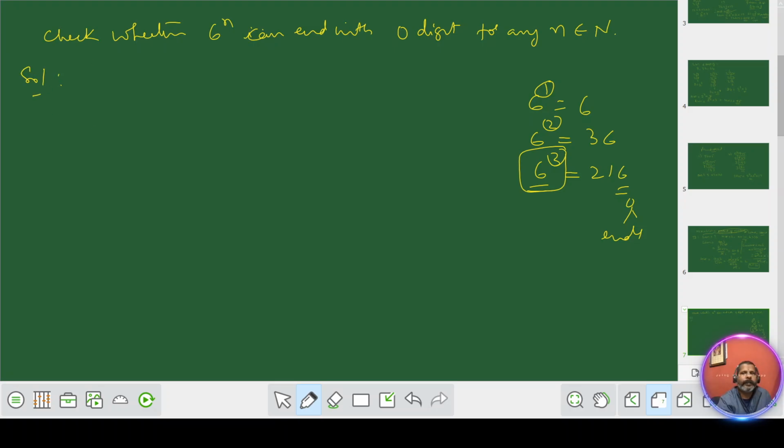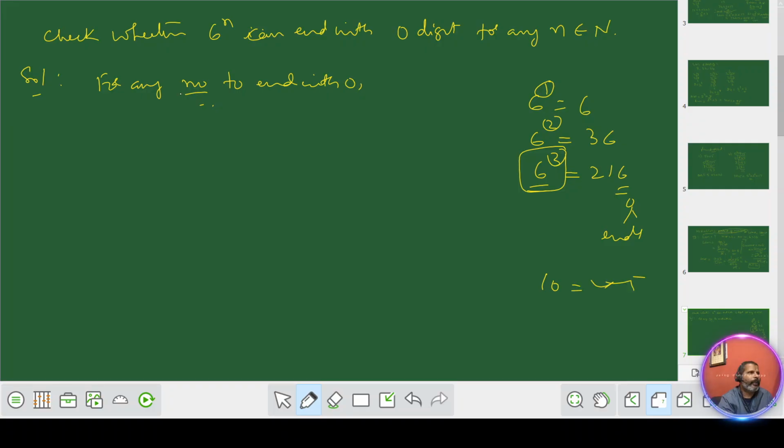Solution goes like this. See, for any number to end with 0, it should have a factor 5. One of the factors should be 5, right? For example, if you take 10, it is 2 into 5, it has a factor 5.